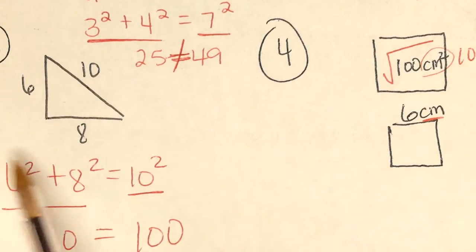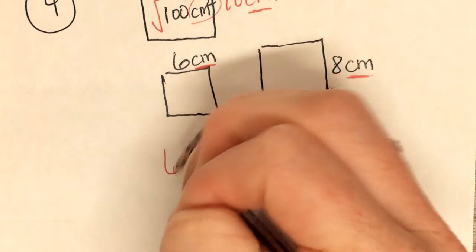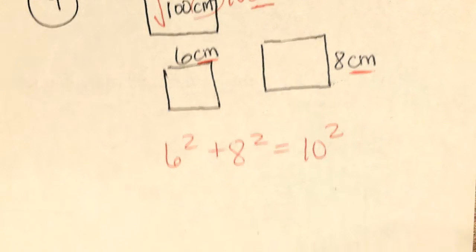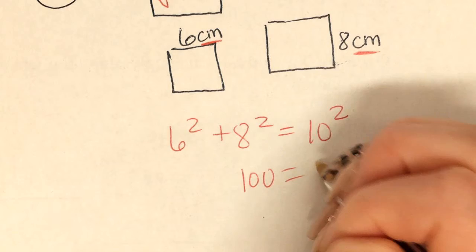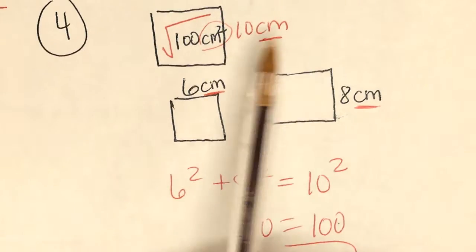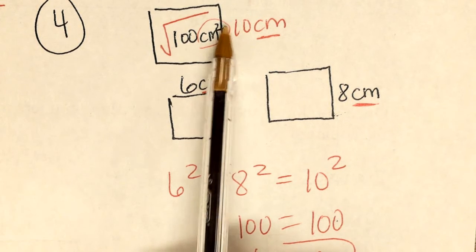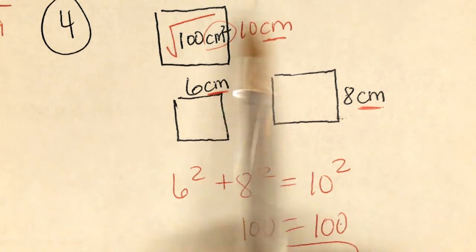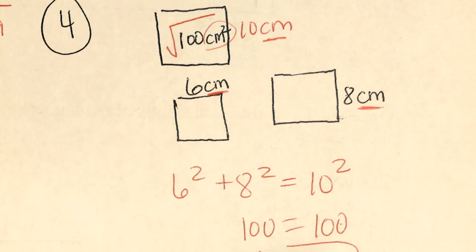Well, didn't we just do this problem right here? So I would say, is 6 squared plus 8 squared equal to 10 squared? Which the answer would be yes, because 100 equals 100. So what do you do if it already has a square on it? You can simply square root it to get it back to that side length. That means that's the area of that square.